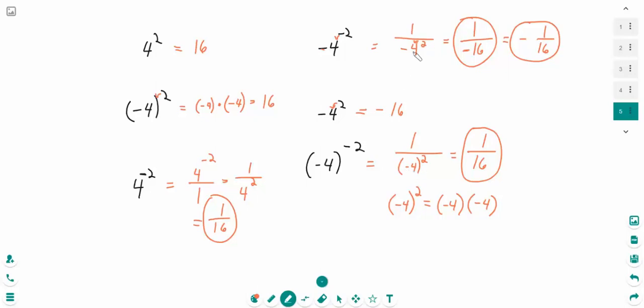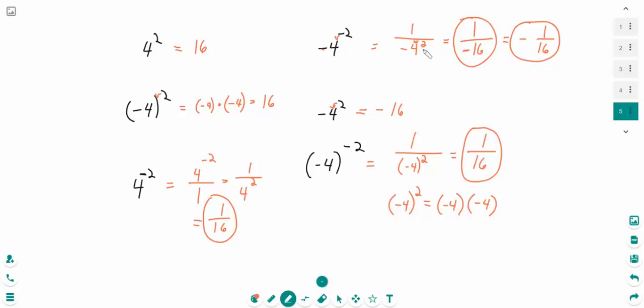Up here we did not. The only difference between these two is the set of parentheses, right? That's key. So you have to recognize that this negative 4 in parentheses raised to a 2 is a positive 16 because it's a negative times a negative. Up here, it's only the 4 that's being raised to the 2. So it's a 16, and then we tack on this negative sign. It's a negative 16. Okay?